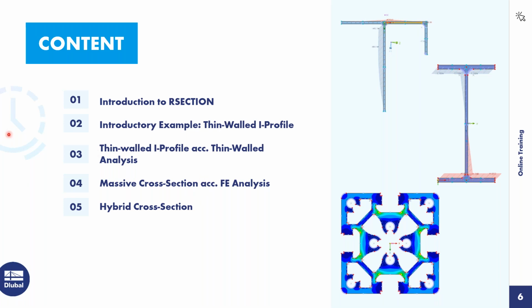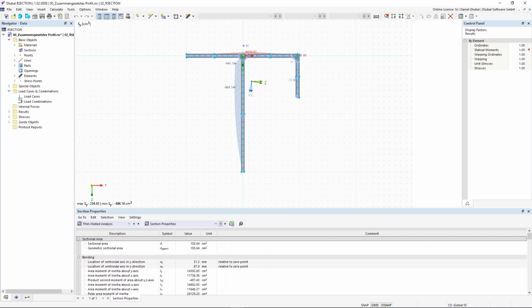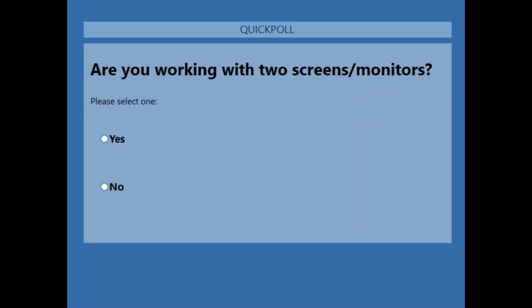Okay, so I will start with Rsection. So I jump to the program. Before we dive right into it, I would like to know from you, because I have also prepared some polls just in order to give an orientation for me and Bastian regarding your knowledge. So first of all, are you working with 2 monitors and screens? If yes, then I would adapt my pace to that. If not, then I would do it a little bit faster.